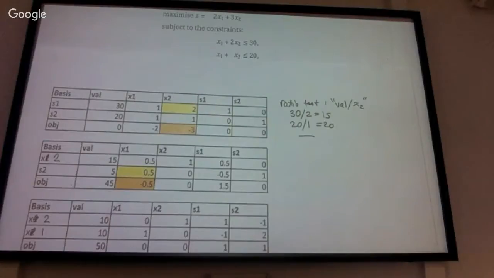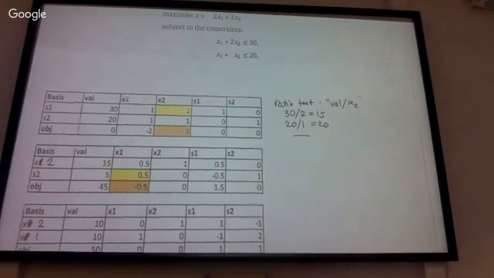In this case, the optimal solution will be that both x1 and x2 are 10, and the objective is therefore 50. And there was one intermediate tableau where x2 was 15 and x1 was 0, so x1 is not in the basis.